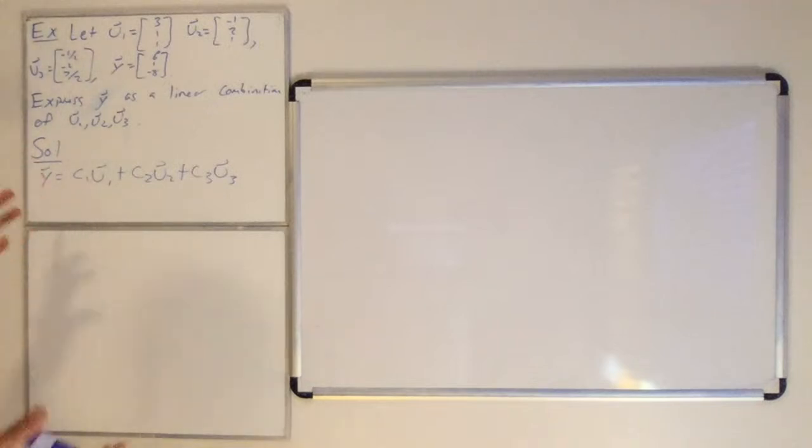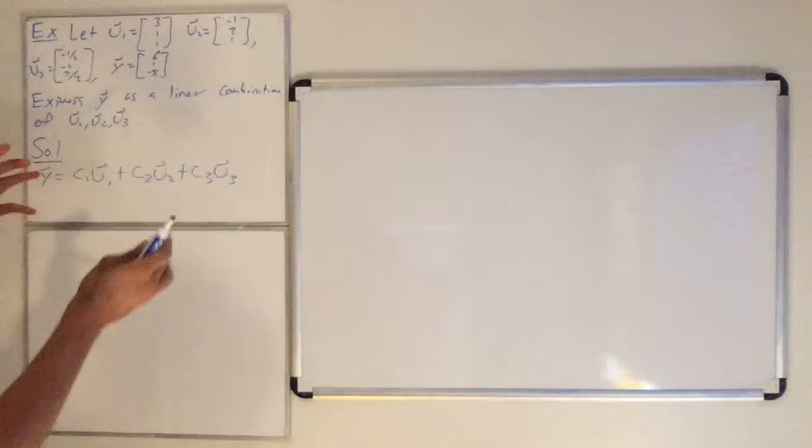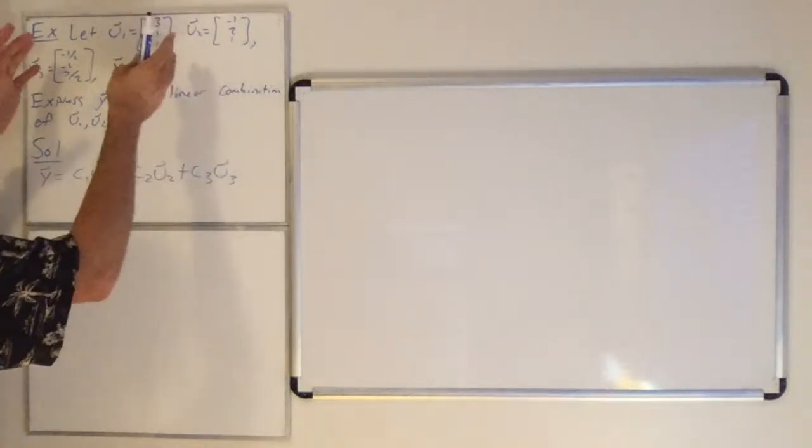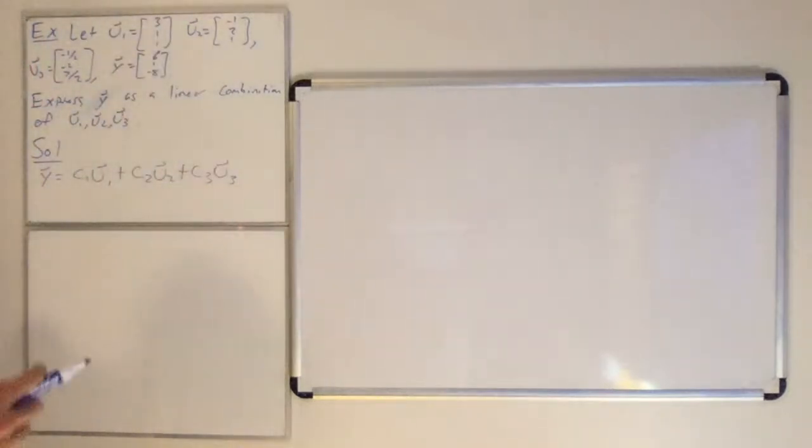And we have methods to do this using what we did at the beginning of the semester. We can put this as an augmented matrix and just row reduce, and that would give us our answer. But we'll see that since we have an orthogonal basis, it's actually easier to just use the formula from the last theorem.